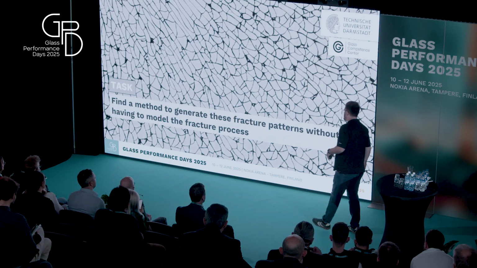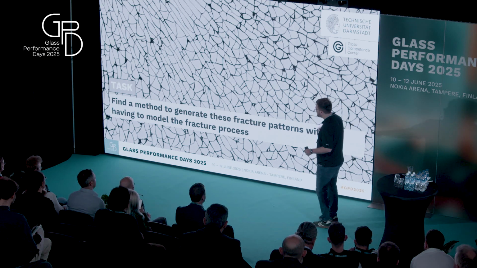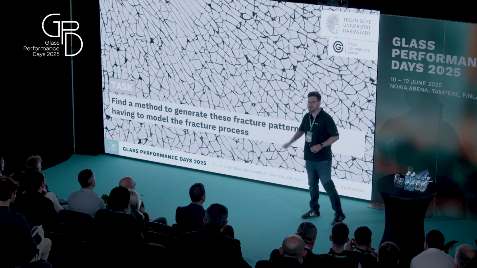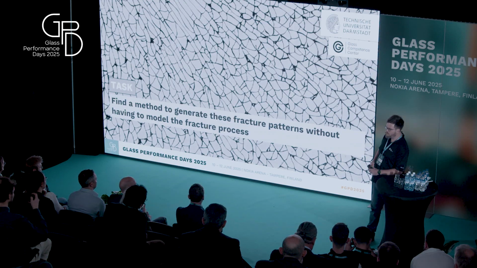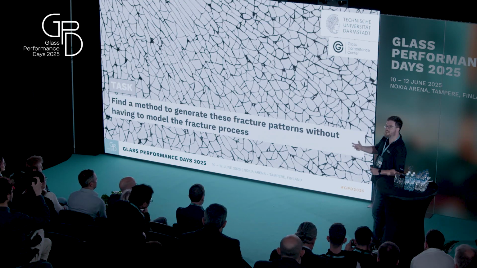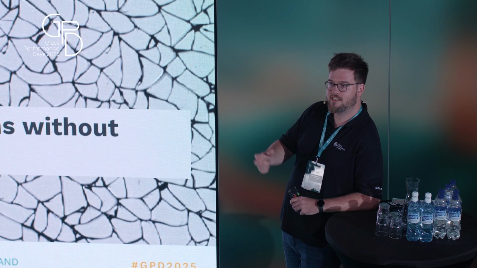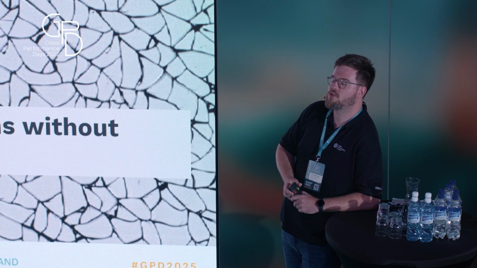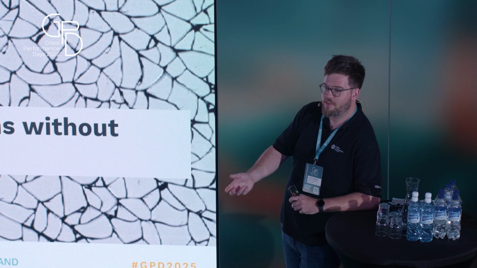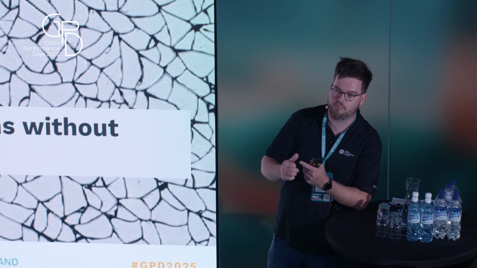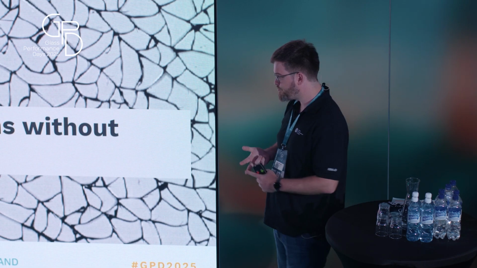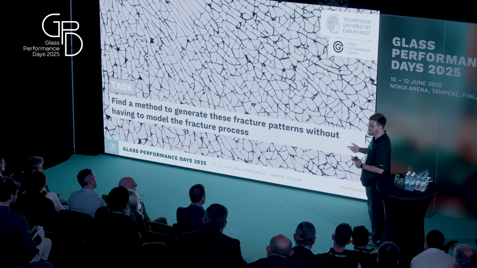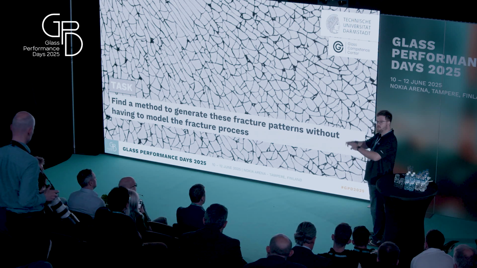So my task is to find a method that can generate these patterns, because I didn't want to bother myself with the implementation or the process of fracture itself. So the idea is to look at the boundary conditions that we have before fracture, then look at the fracture pattern that was created using these boundaries, so the pre-stress level, the support condition, the dimensions, and then find a way to stochastically determine the post-fracture pattern.